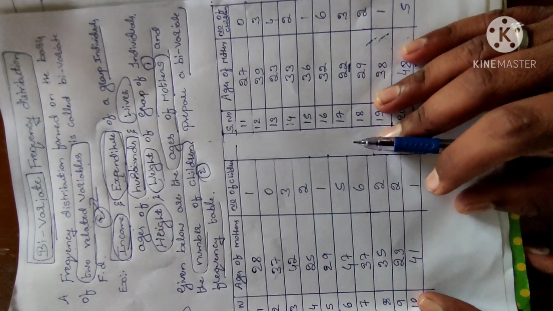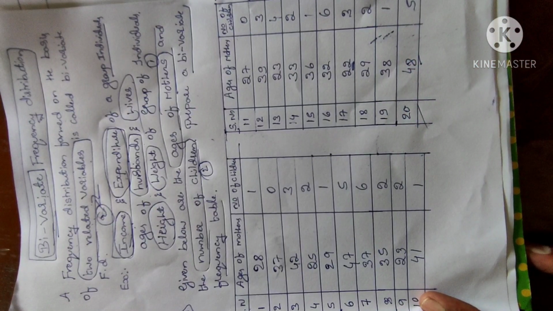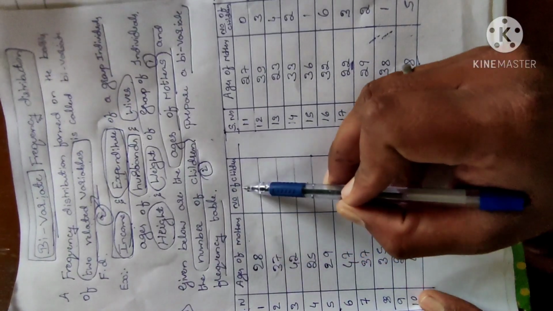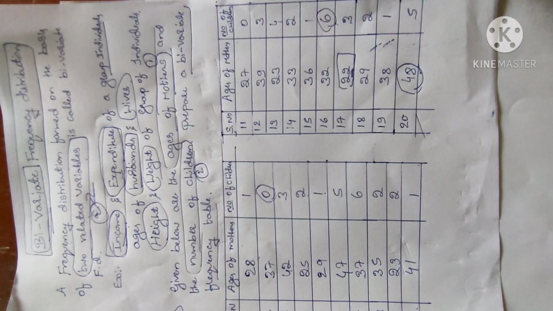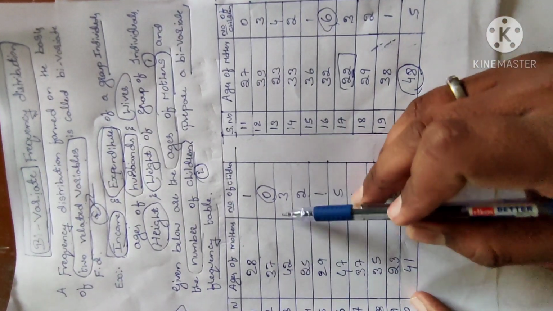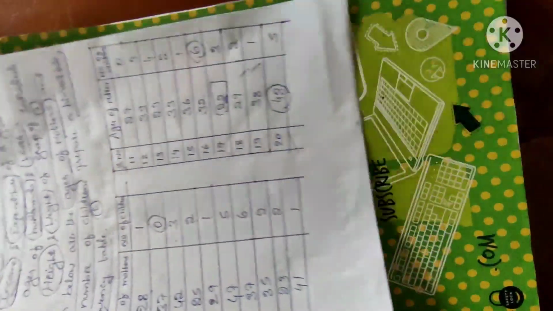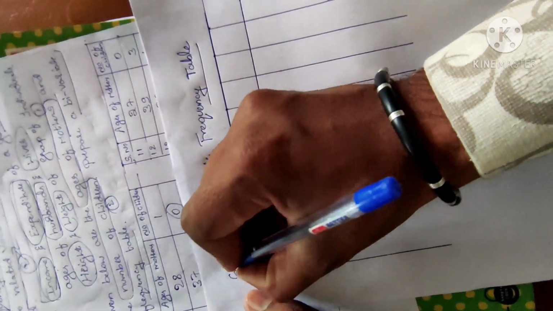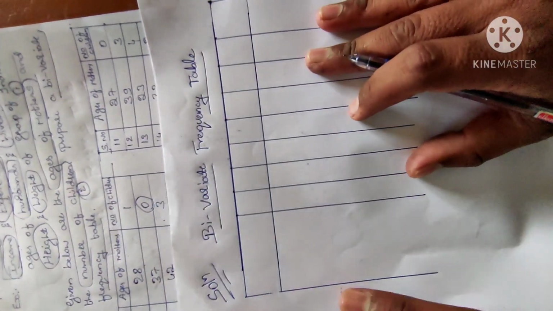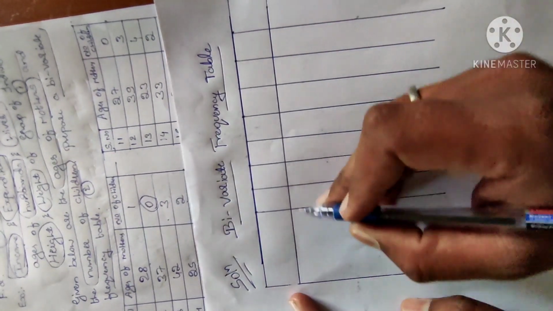Based on this problem we have to solve the bivariate frequency distribution, because there are two pieces of information here: ages of mothers and number of children. Okay students, let us see how to solve this problem. Solution: bivariate means we should record two variables in a table.